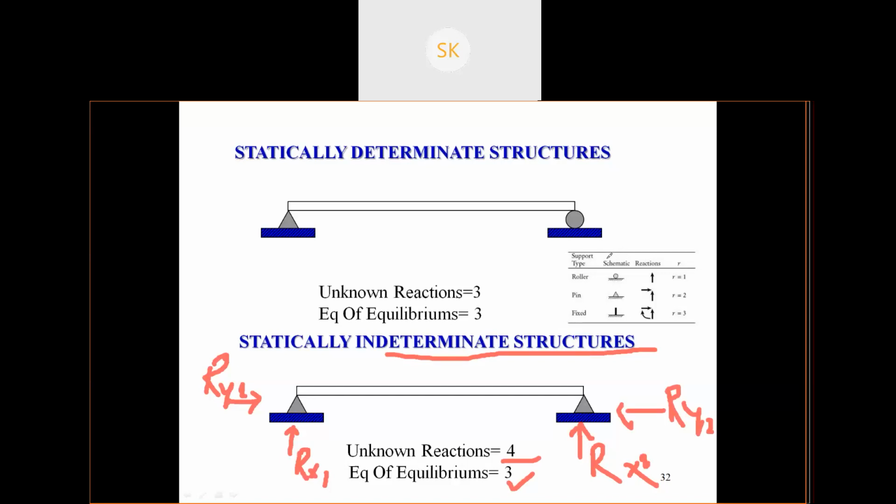The basic difference between statically determinate and indeterminate structures. Yes, ma'am. So for the first module, we'll just study statically determinate structures. Okay, and we'll see the analysis of truss under this section.